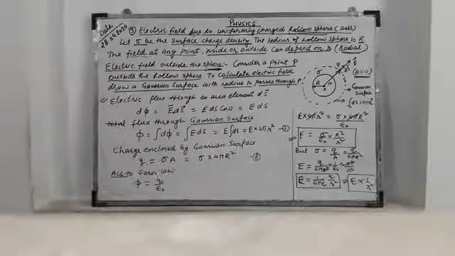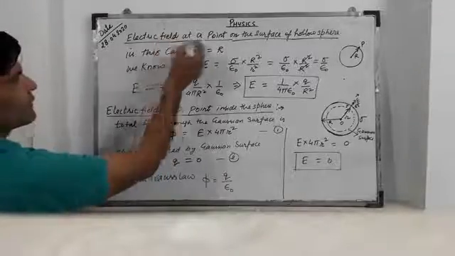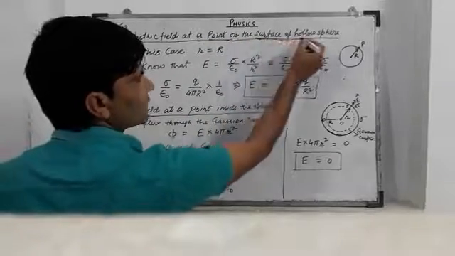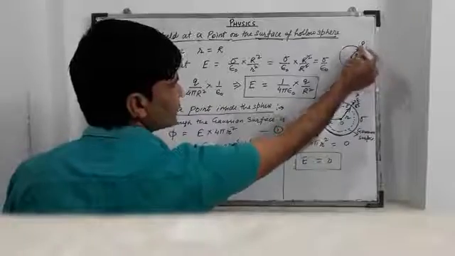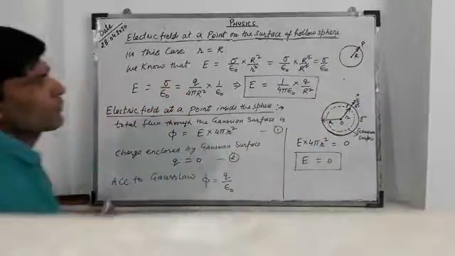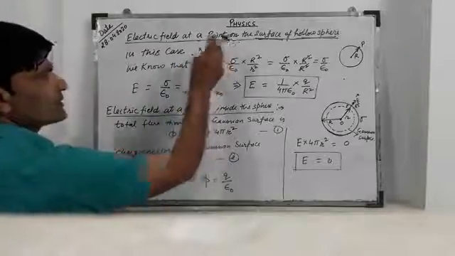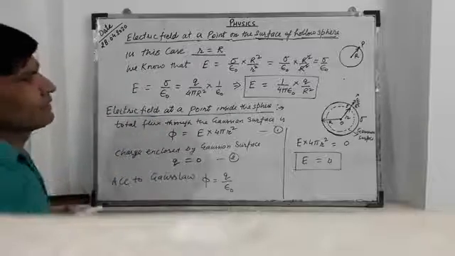In the second case, the electric field at a point on the surface of the hollow sphere. In this case, small r becomes capital R. Both the radii are equal.